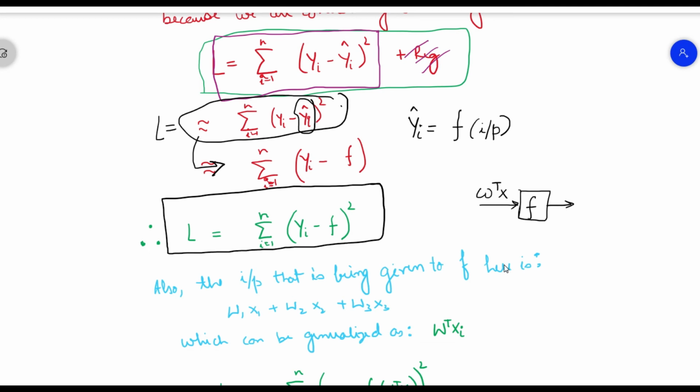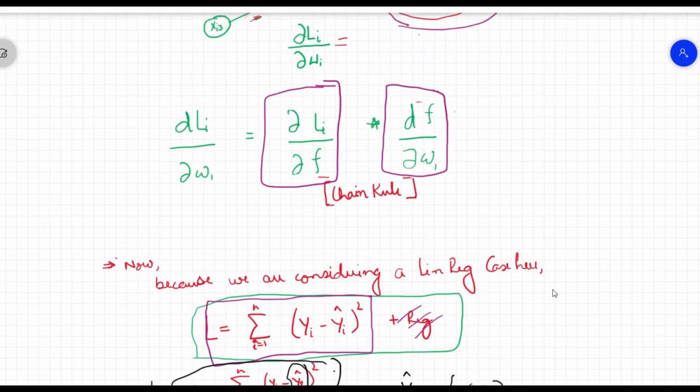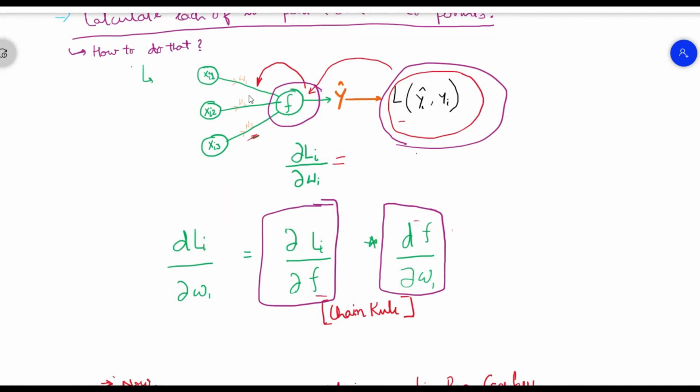So in linear regression, the f that we use is an identity function, as it takes the input and gives the output in the same form. The input that we get here for f, from our single neuron model diagram, is w1 multiplied by xi1, w2 multiplied by xi2, w3 multiplied by xi3.